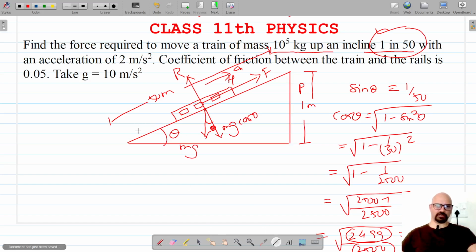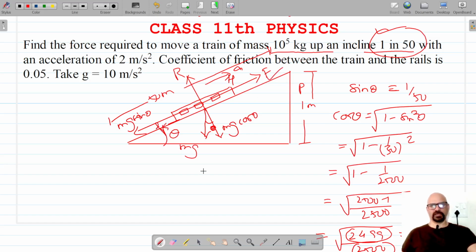The component along the incline is mg sine theta, which is acting in this direction, and also the force of friction between the train and the inclined plane.